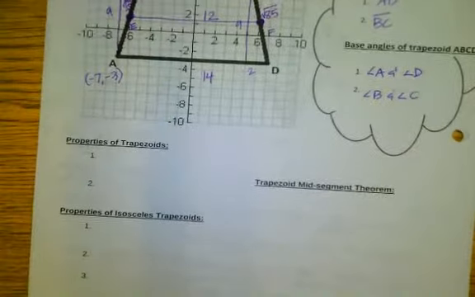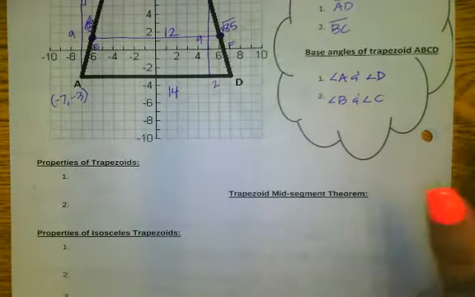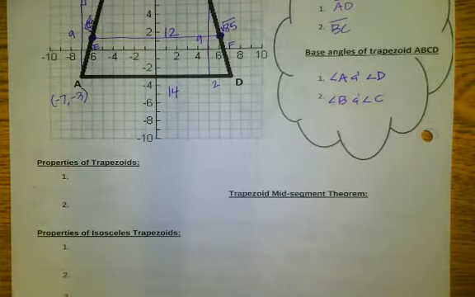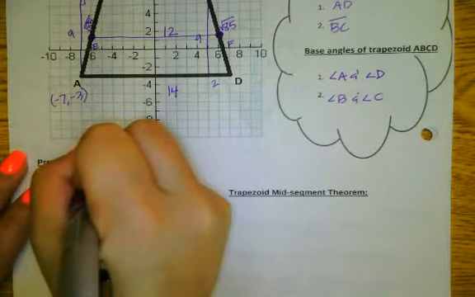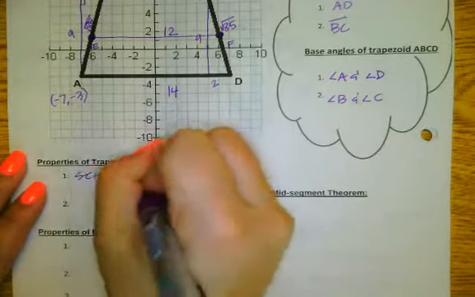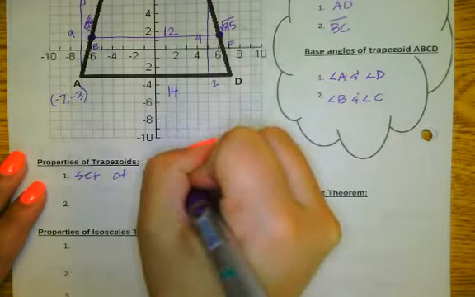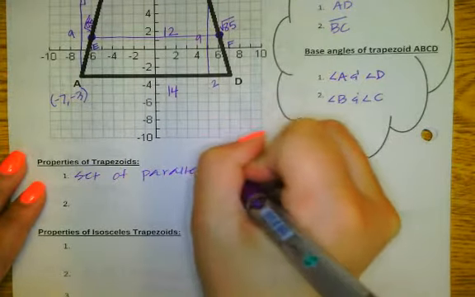Okay, properties of trapezoids. If it is just a plain trapezoid, maybe it's not drawn to scale or you don't have the measurements to know that it's an isosceles or not. So if it's just a trapezoid, you have sets of parallel sides. Your parallel sides are always your bases.